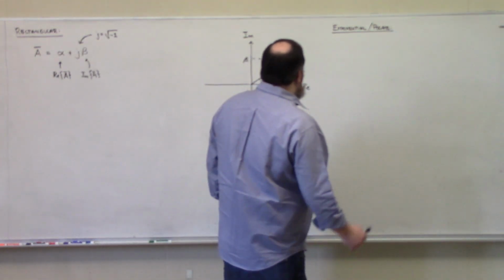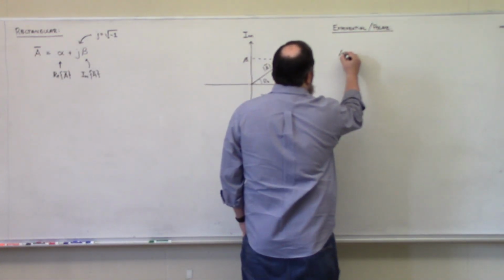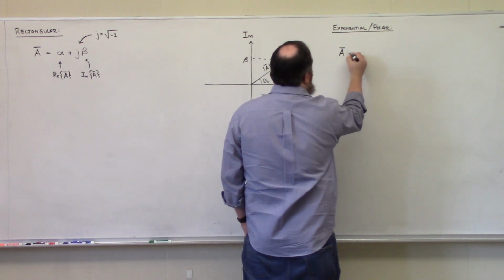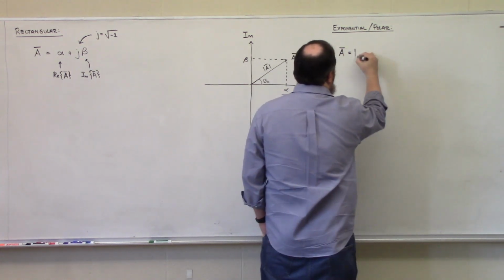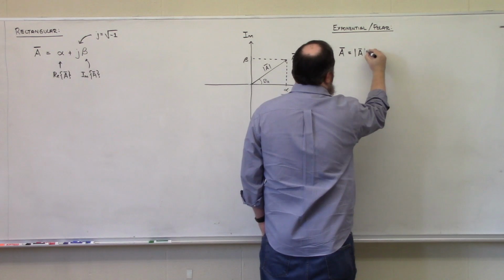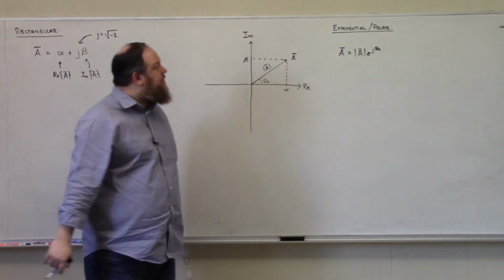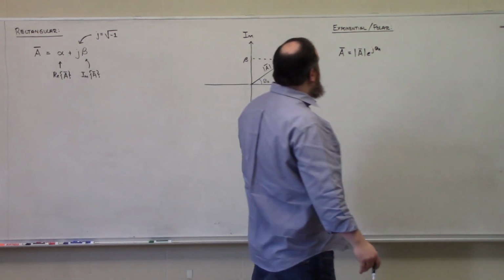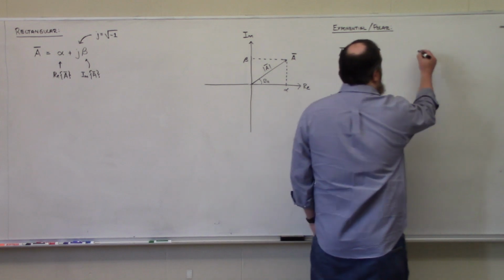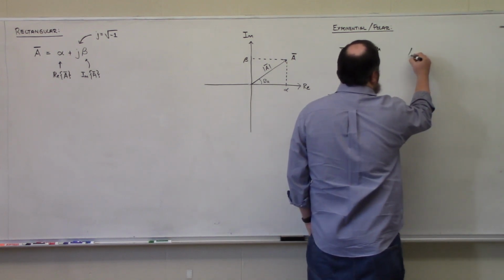So in exponential form, A could be written as the magnitude of A, e to the j theta A. And the polar form is just a simplified shorthand notation for this.